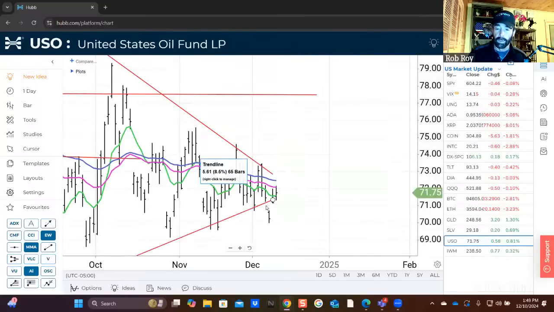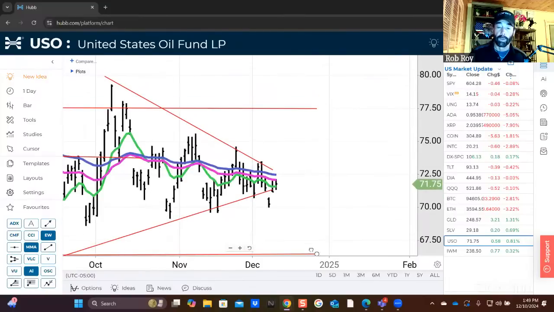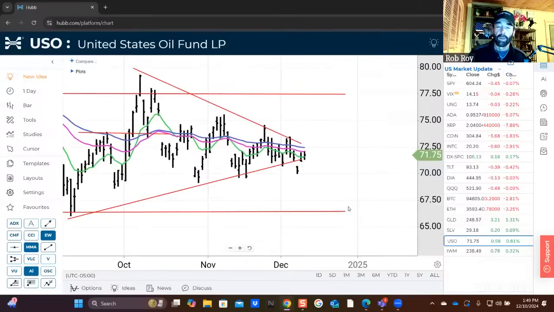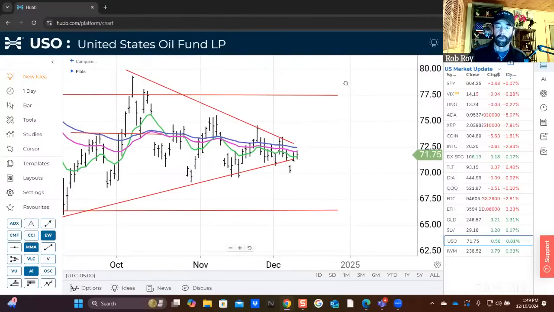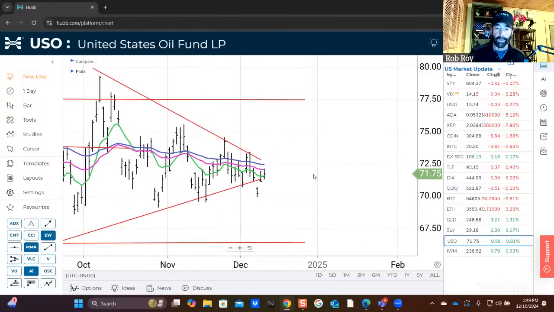And you can see that we tried to break out of this big symmetrical triangle. I've already talked about this so many times, but I do think that oil stays in a big, huge trading range for a while. I know that the new administration is very pro domestic production of oil, and that's going to create more supply. Most people would think that would move the price down.